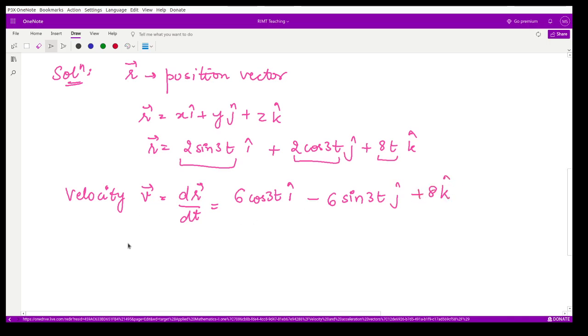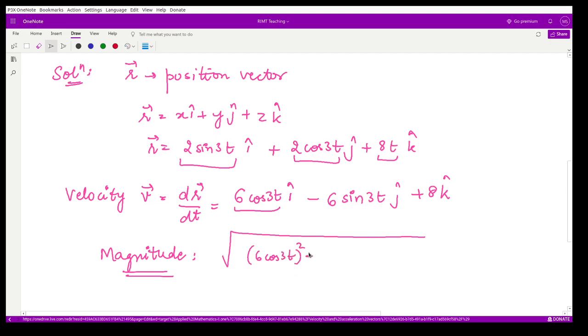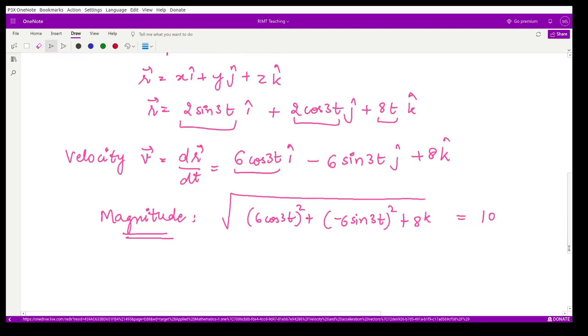So this is the velocity, and its magnitude could be simply calculated by taking the square root of the sum of the squares of the components. So you have (6 cos 3t) whole square plus (minus 6 sine 3t) whole square plus 8 whole square. So finally it comes out to be equal to 10. You can solve this and verify this yourself.